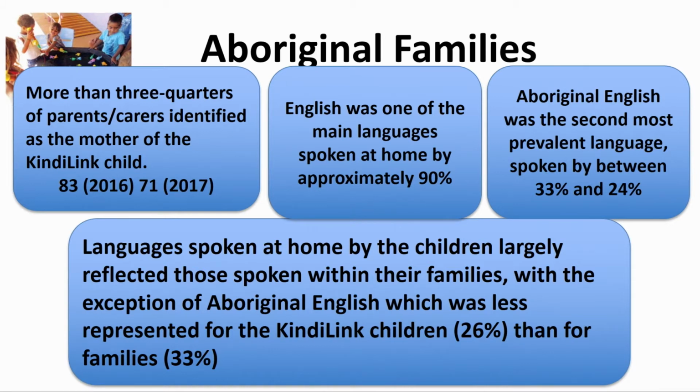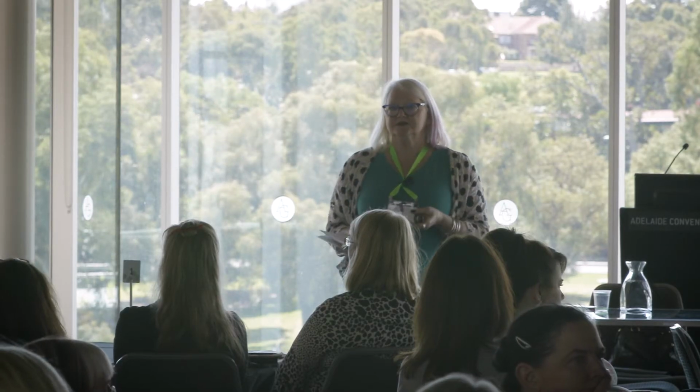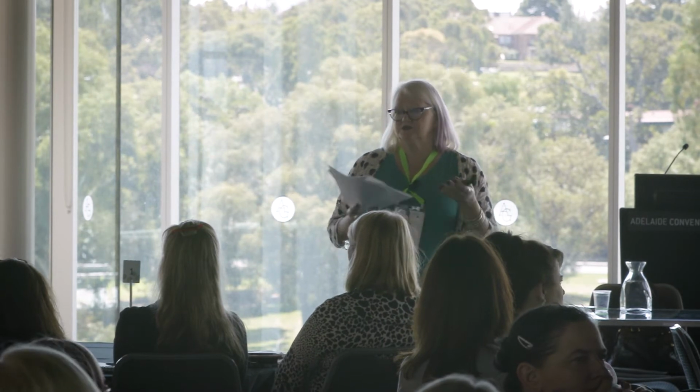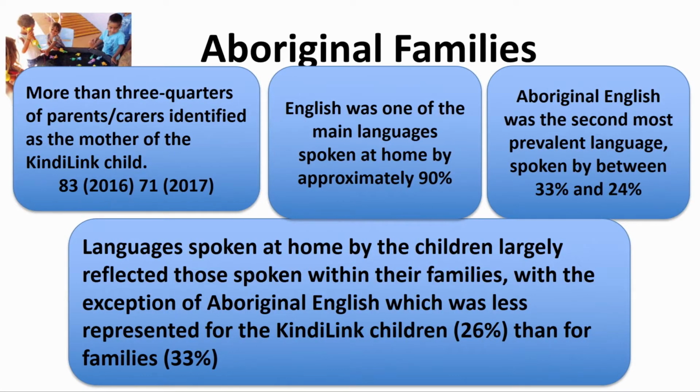Mostly what the children spoke as they came to school would mirror what happened at home. So when they come to school as 3-year-olds and they're in their play group, they might be speaking Aboriginal English or they might be speaking their Aboriginal dialect, depending on what was mirrored at home. That in itself helped the educators to see that children also had other affordances and barriers that they may have to overcome in a linguistic way.